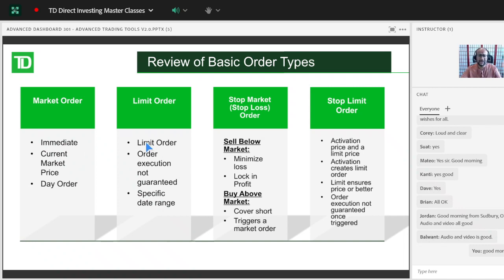By the same token, a limit order is just the opposite of that. In a limit order, the priority is that we want a fixed price, but we're not too concerned about getting a fill right away. So in a limit order, a trader sets the price that they're willing to spend.